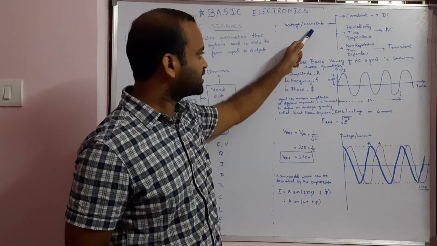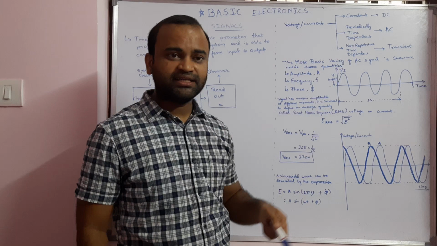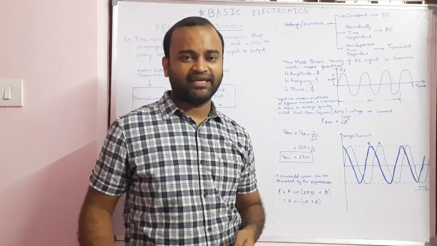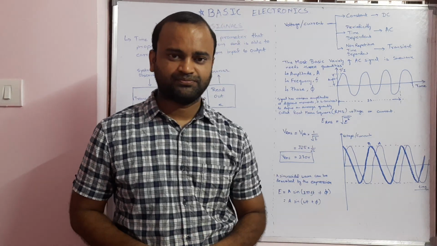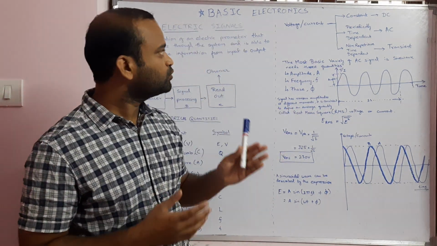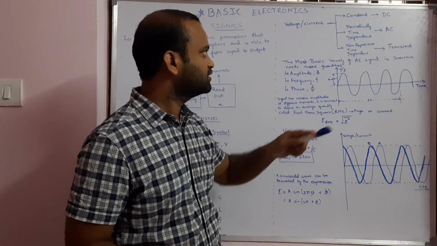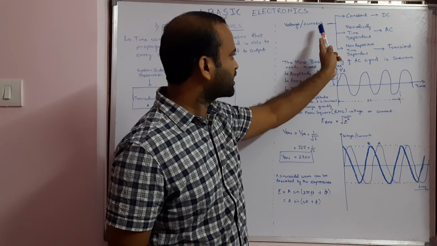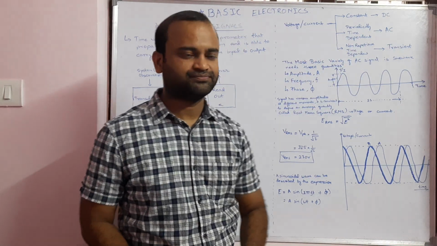And a voltage or current which is non-repetitive but varies with time is called transient. So that's how the various categories of voltage or current work. It could be DC, AC, or a transient signal.